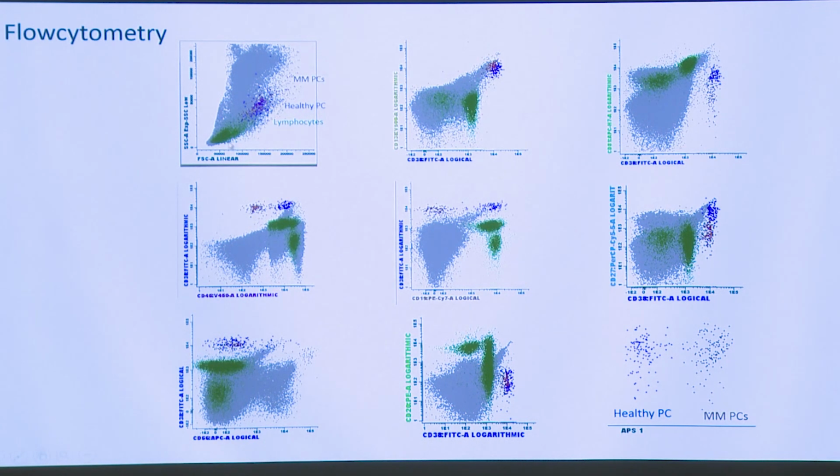Lymphocytes are just used for control, but if you focus on the blue and the red cells, you can see that, again, by expression of these surface markers, you can distinguish between healthy plasma cells and abnormal myeloma cells. And the machine test, I call it always in clinic, but this flow cytometry is able to tell you, wait, your patient is in remission but still has some myeloma cells left.